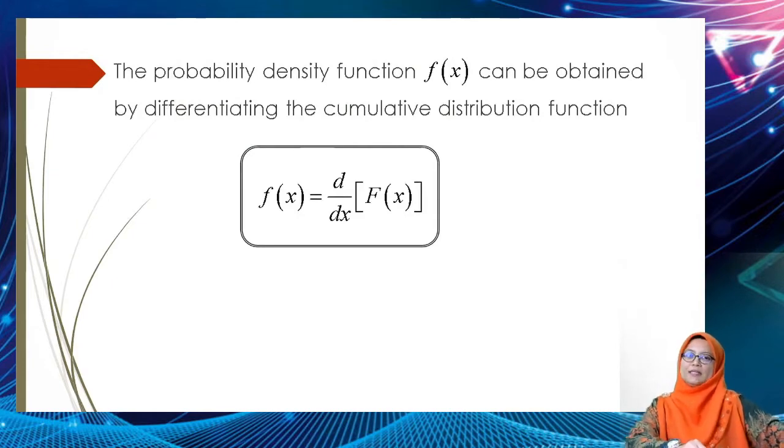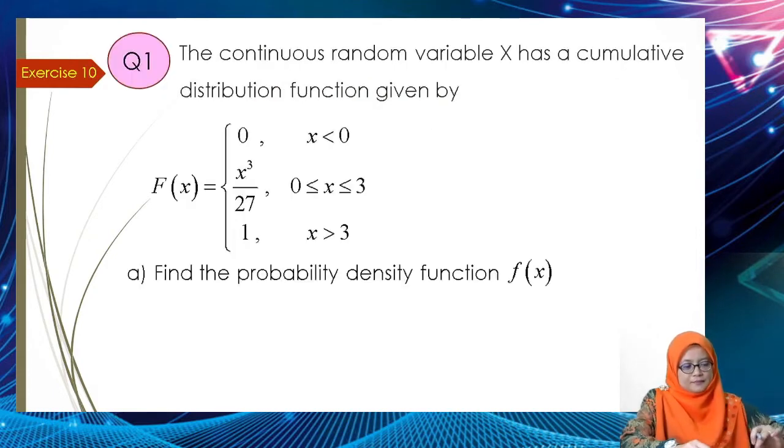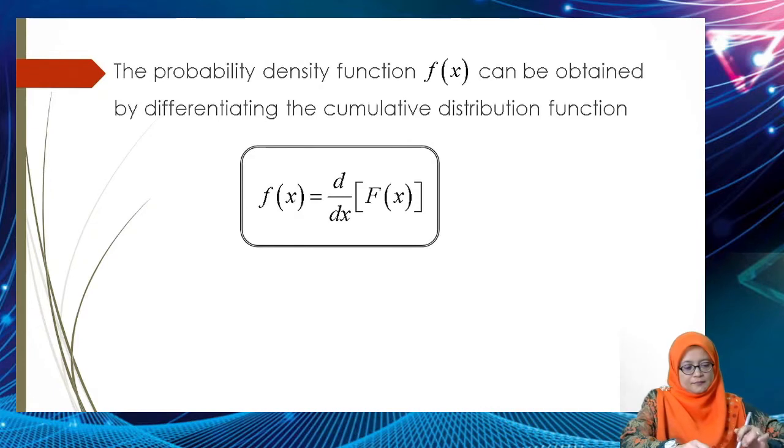So the probability density function, small f, can be obtained by differentiating the cumulative distribution function. Okay, so untuk dapat f kecil, kita akan differentiate kita punya f besar ni.